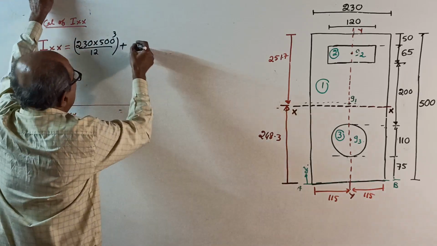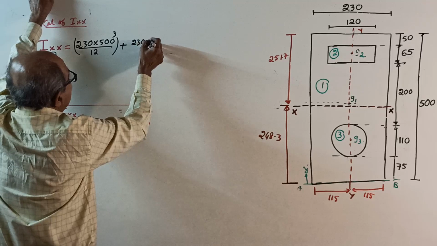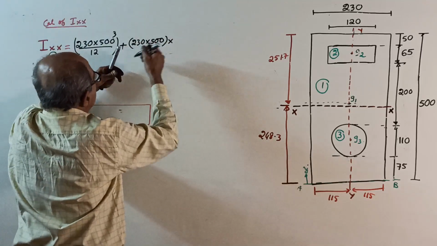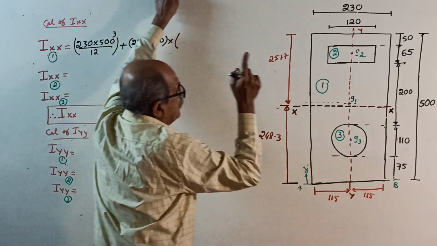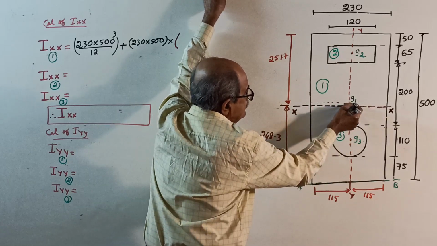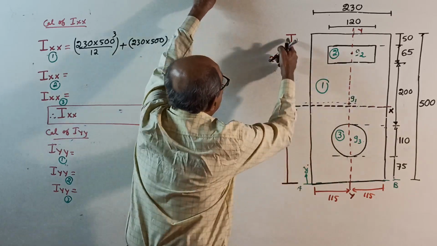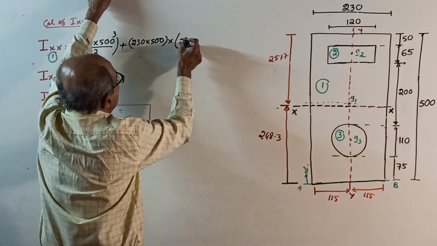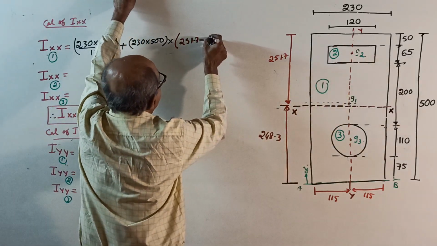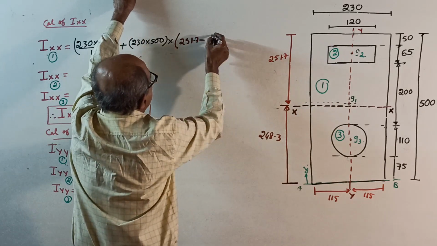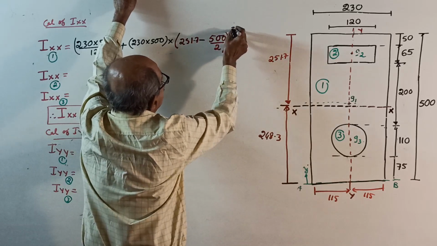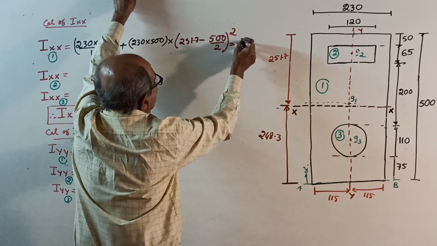Plus area, 230 into 500 is the area, multiplied by, important term, the perpendicular distance from centroid to xx axis, this distance square, which is 251.7 minus, from here to centroid is half of 500, minus 500 by 2, whole square. You calculate the answer. Okay, calculate it.